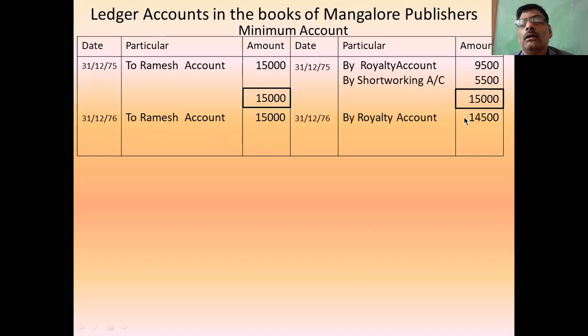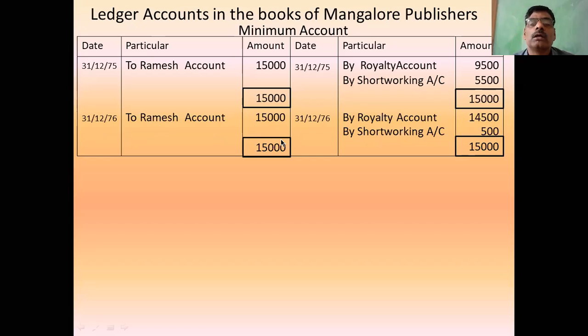By royalty 14,500 and short working is 500. You write these two, close the account. Minimum rent account is for only 2 years, 75, 76, because in the year 75 and 76, there is a short working. And in the remaining 2 years, there is no short working. Therefore, minimum rent account will not arise.